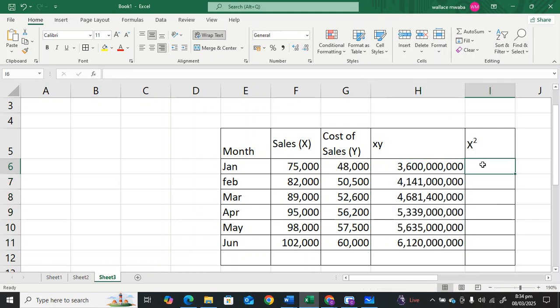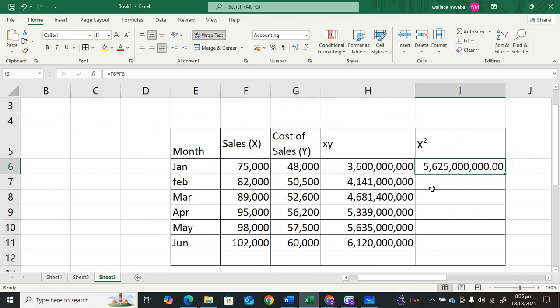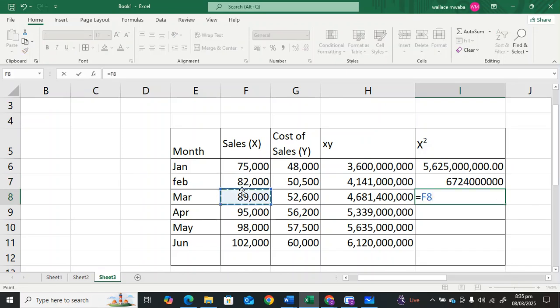Here in the last column, it's x squared. It means each x value you square it. So 75,000 squared. These numbers are big. 82,000 squared. 89,000 squared.